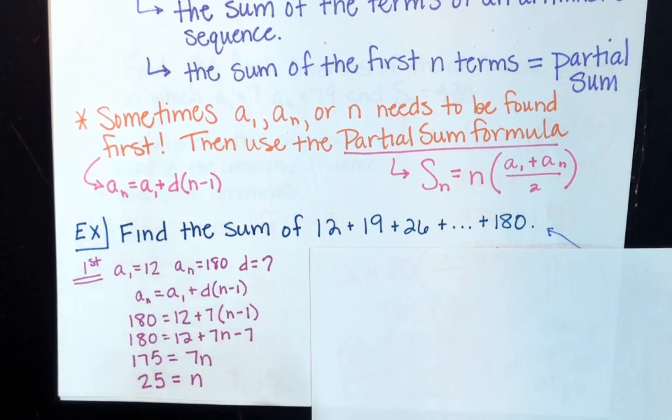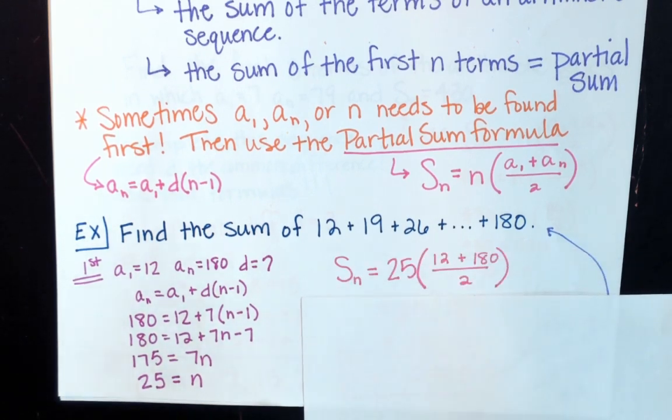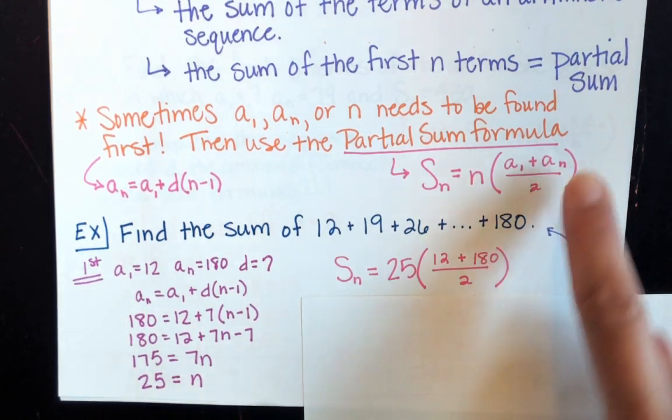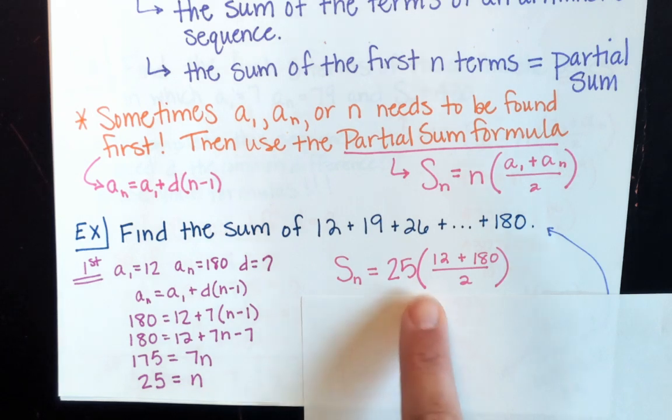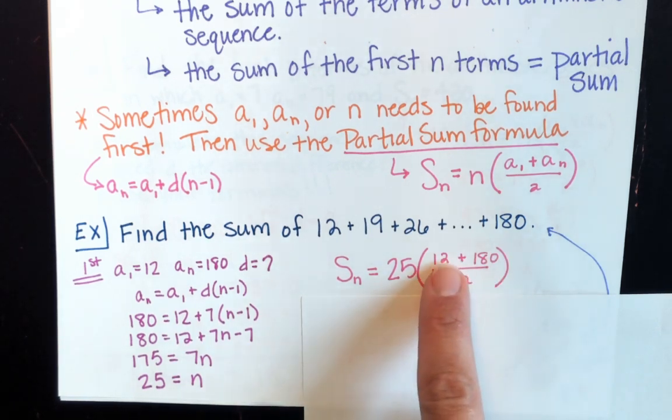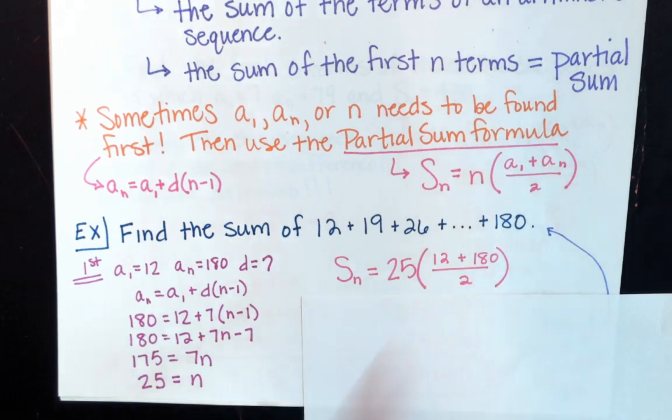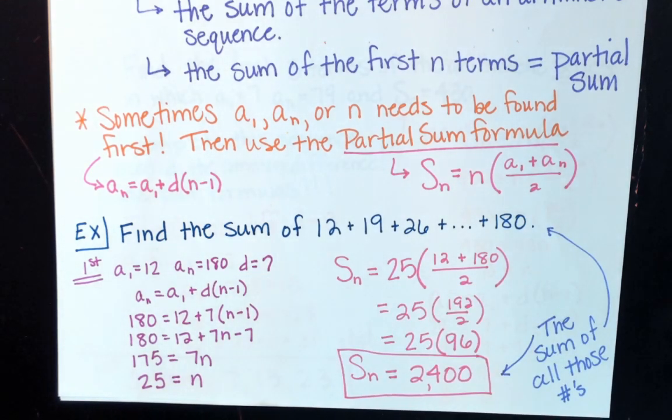So now that I know what n is, I can plug it into this formula. 25 times the first term plus the last term divided by 2. And we end up knowing that that entire list of numbers sums to 2,400.